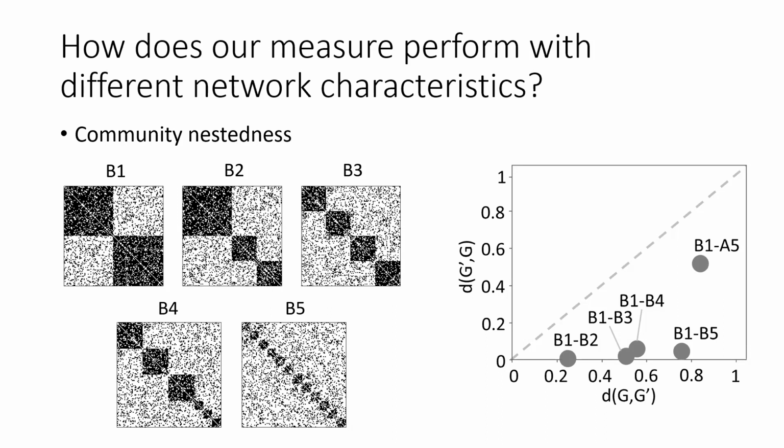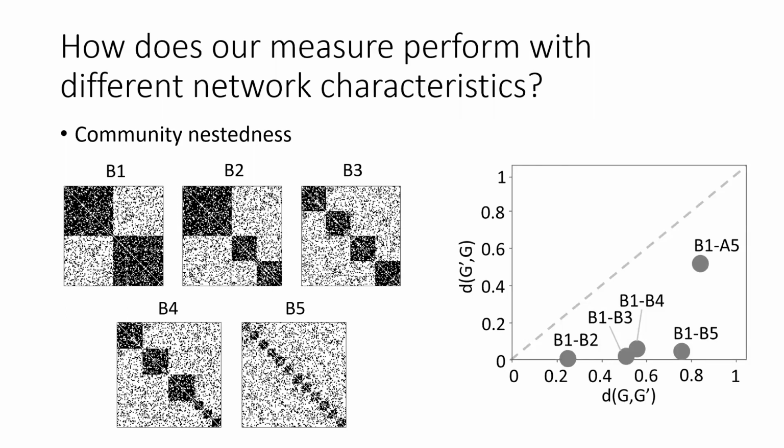If we again see how our measure performs in the scatter plot, we can see for each consecutive network, our distance again only increases in one dimension. So our network measure again is able to pick up that one network better describes the modular structure of the other than vice versa.